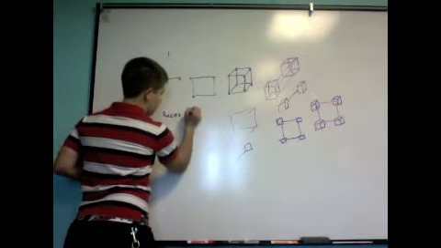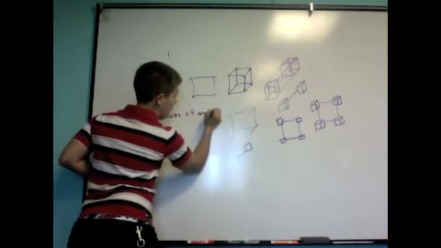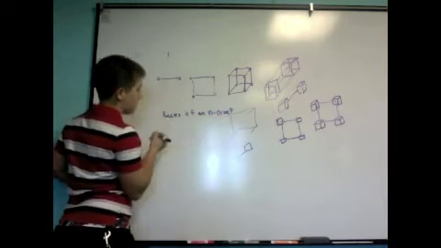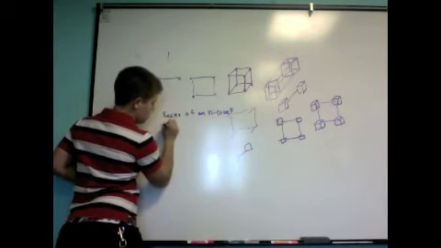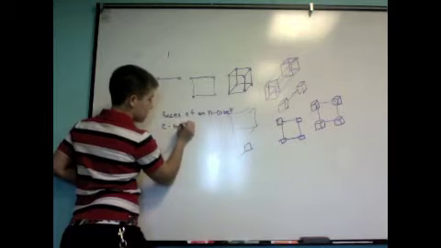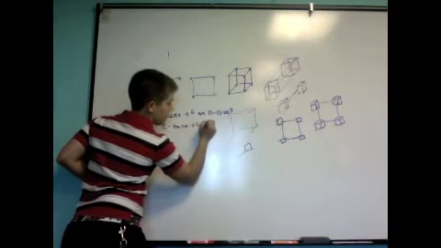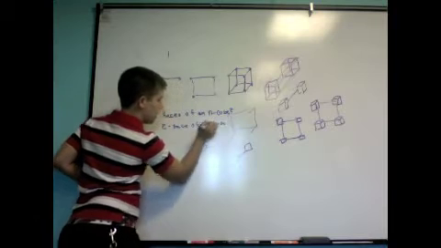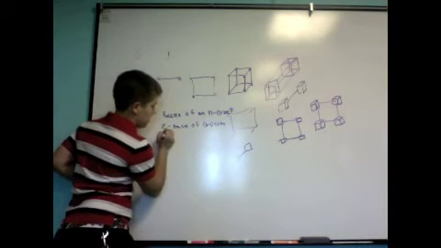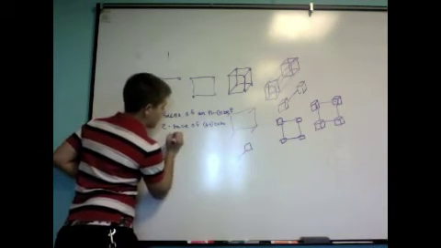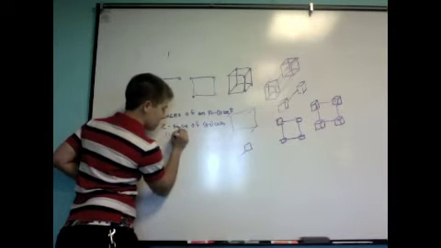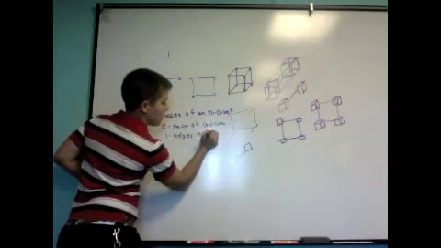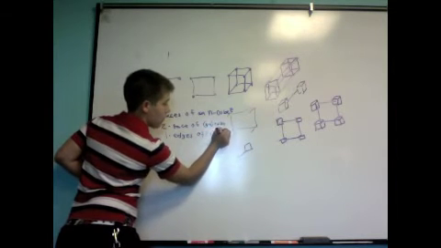Faces of n cube: I take 2 times faces of n minus 1 cube, and then 1 times the edges, not lines, edges, of the n minus 1 cube.